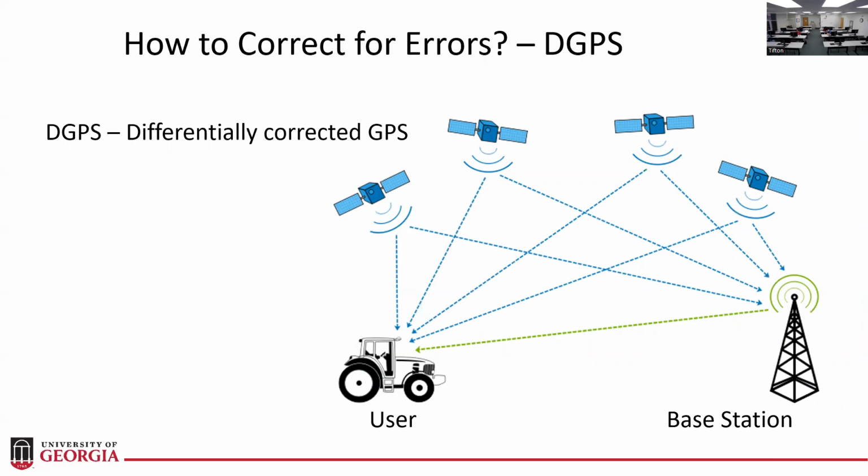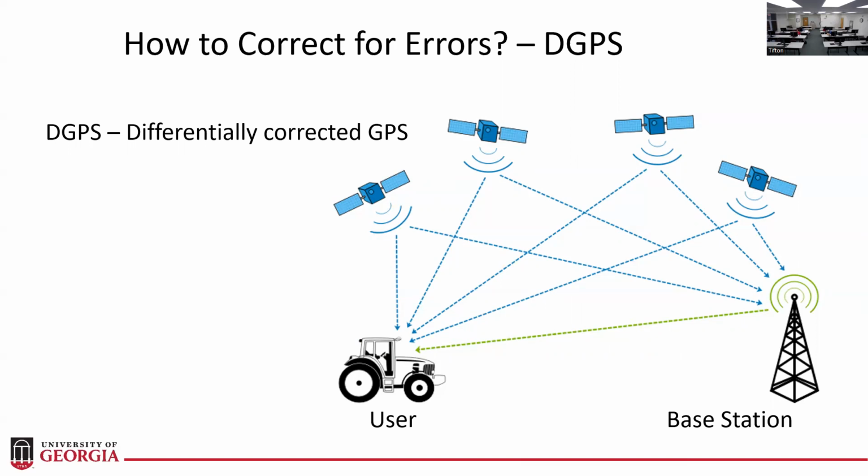One of the ways is a technique that we call DGPS, which is differentially corrected GPS. The basis for this technique is that we use a known location to calculate and correct the error of our receiver, which is in an unknown location.